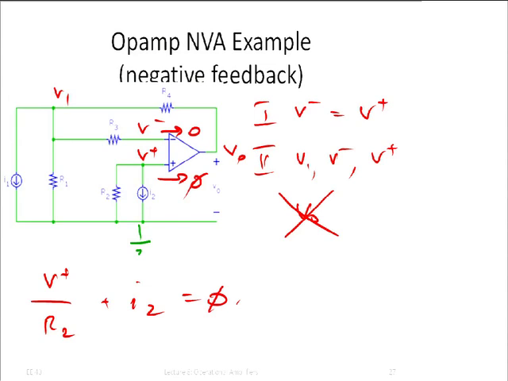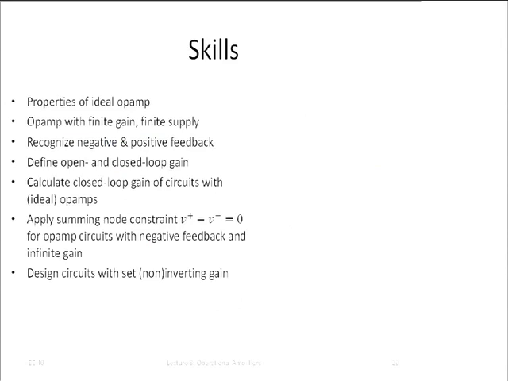Okay. So now we talked about a lot of things and about cars and all sorts of stuff. Obviously, I want you to understand feedback. So here I try to list all the kinds of things that, out of all this tour, you actually need to keep. You need to know the properties of an ideal op-amp.